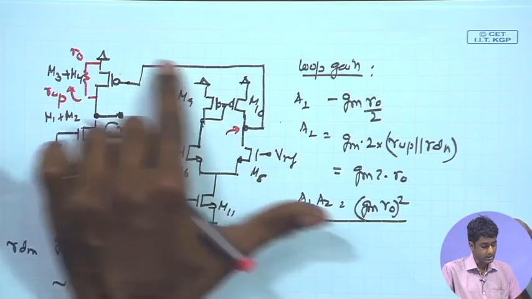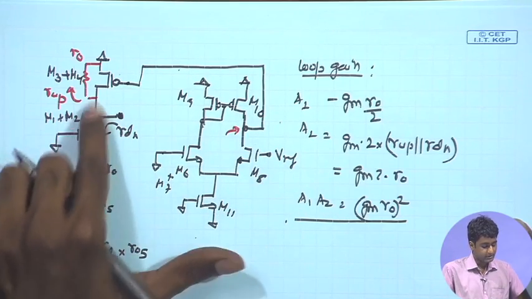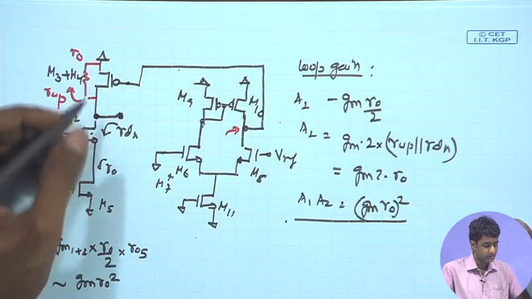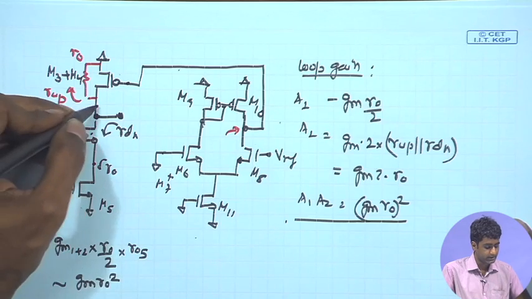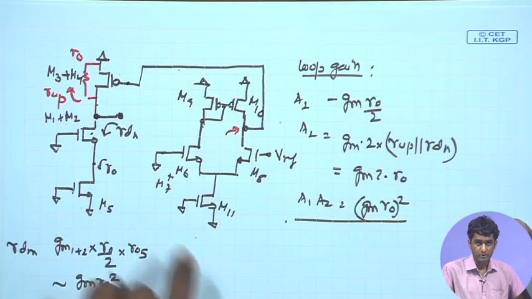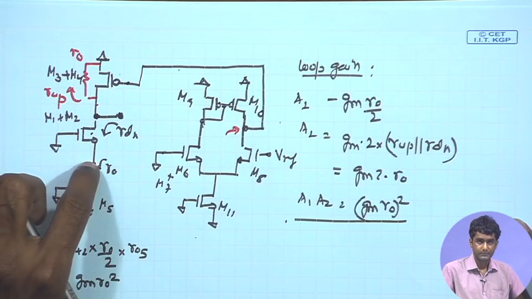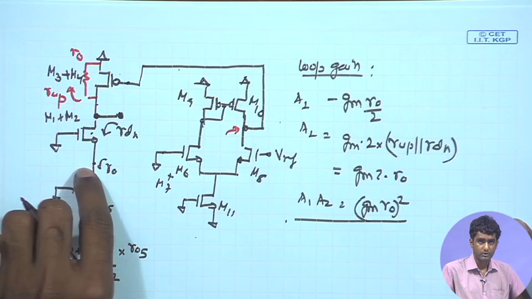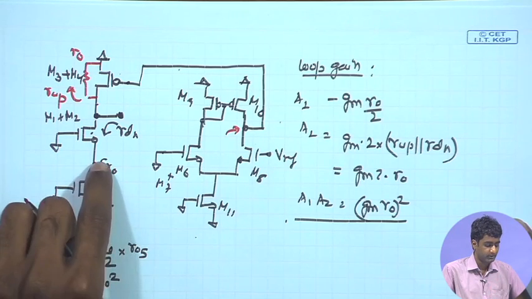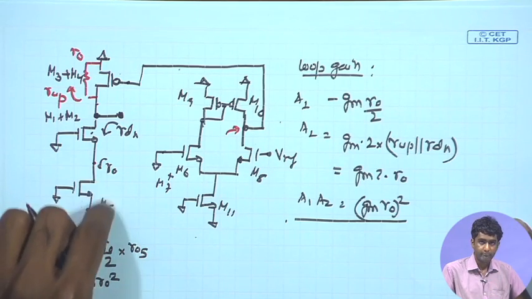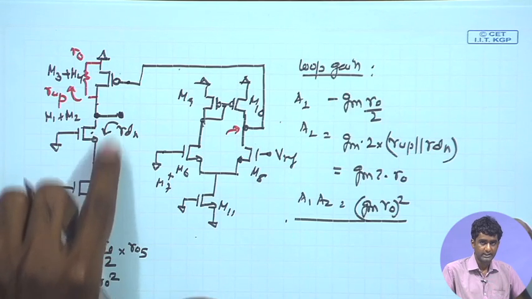And if you look at the second stage, we can see two circuit nodes, first one over here and second one the output node. If I consider the lower node over here, here we know that the overall small signal impedance will be given by ro5 parallel the impedance looking upward.